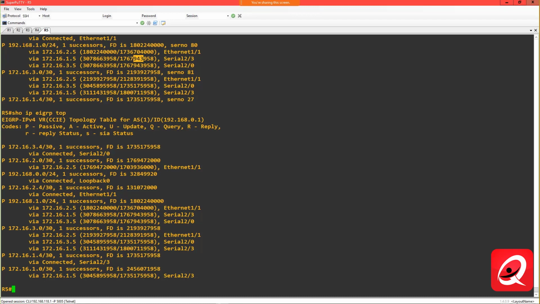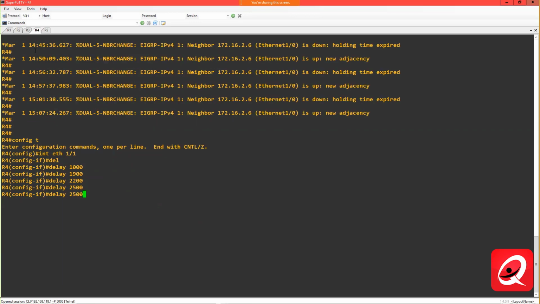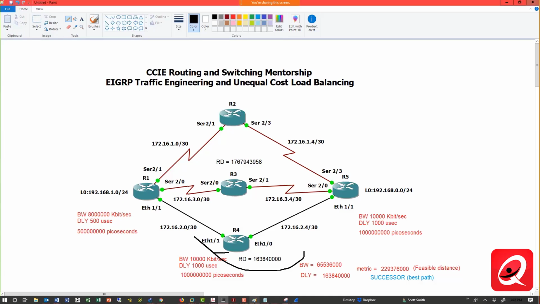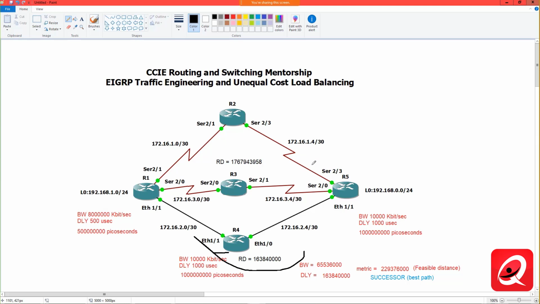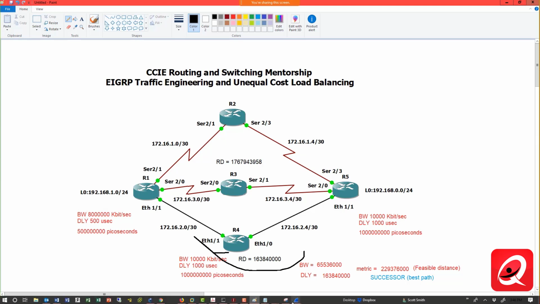All right. So let's see, by having a feasible successor, how that affects our hit count on our switch over here. So telnet to 172.16.1.6.